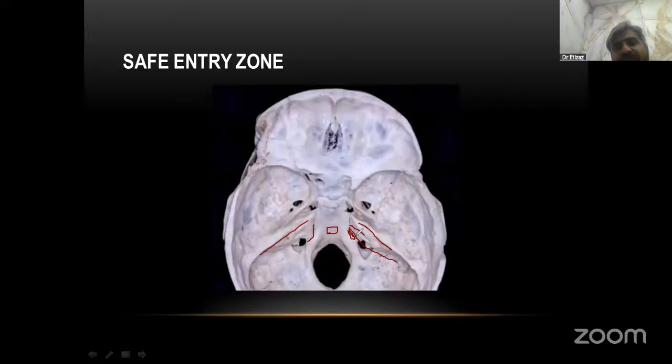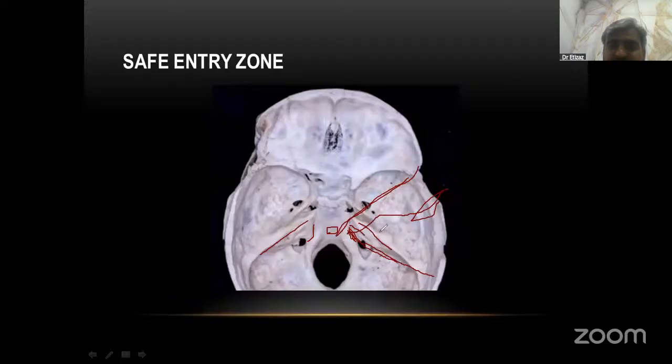So when we look at the anterior part, the corridor we use may be the subtemporal approach, or when we go through the posterior approach, that we call the retrosigmoid approach.